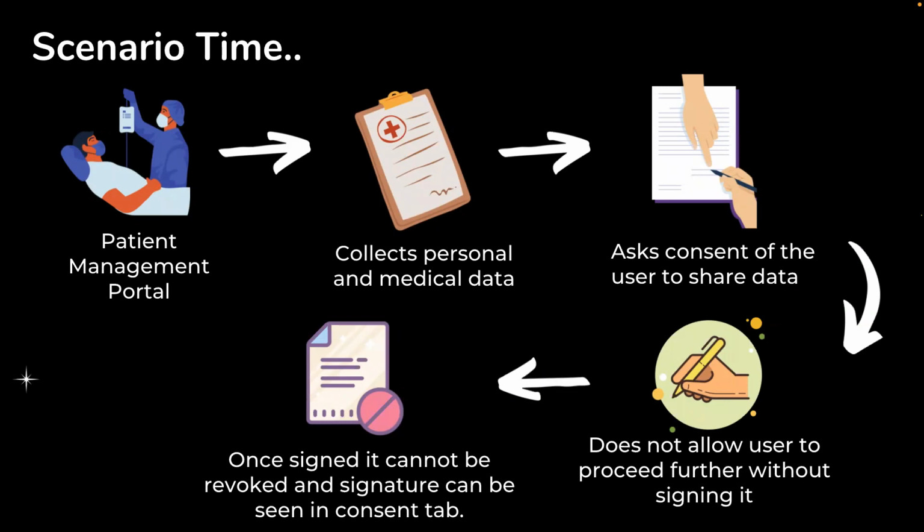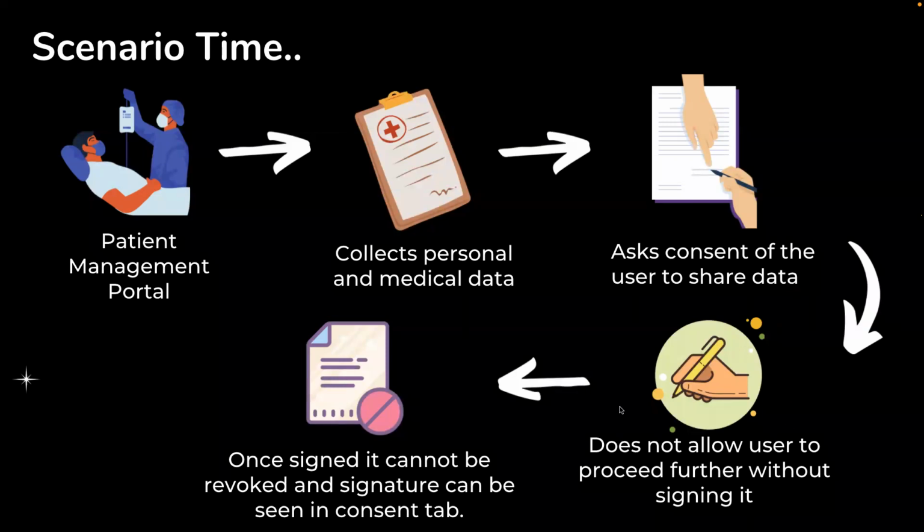So the flow here was, the application collected the personal data, and it asked for the consent of the user to share the data. When I applied on that application, there was a consent form. It said that you haven't signed the consent form yet, please sign it before we can share your details with the doctor.